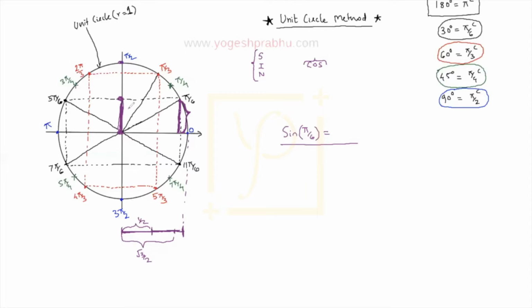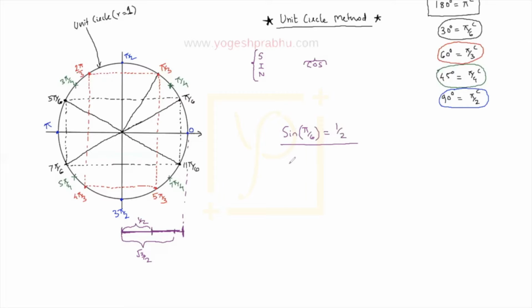And if it is half, it is half. I hope you can see my diagram is not very accurate. But can you still see that this is half and this is half and the total is 1? So when I measure vertical, this distance is working out to be half. And that is exactly what the answer is. So this value is going to be half. Let me write that down nicely: sine of pi by 6 is half.